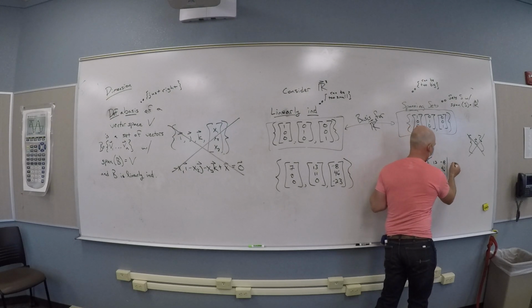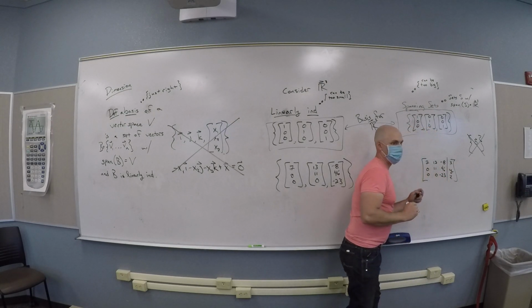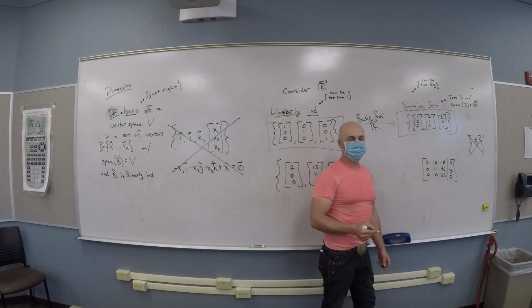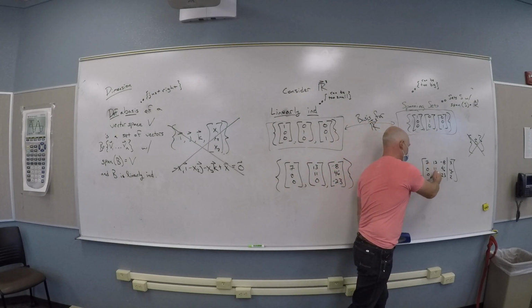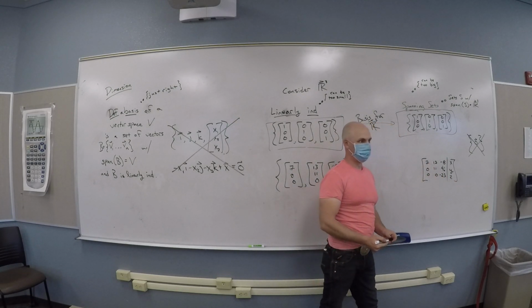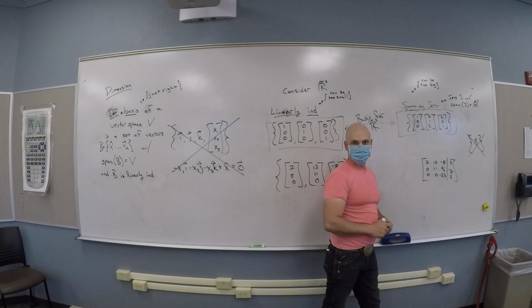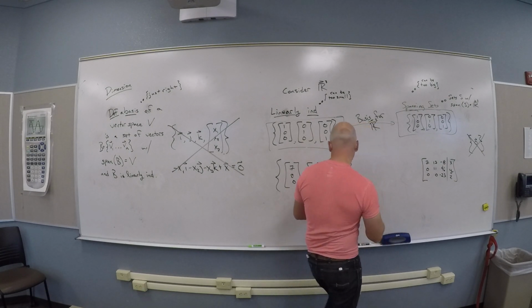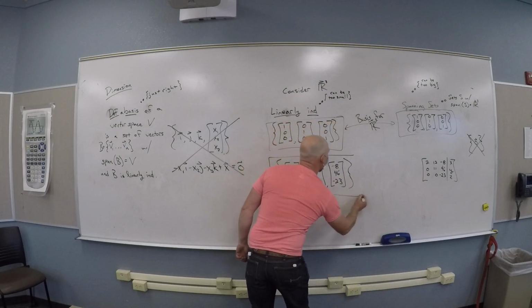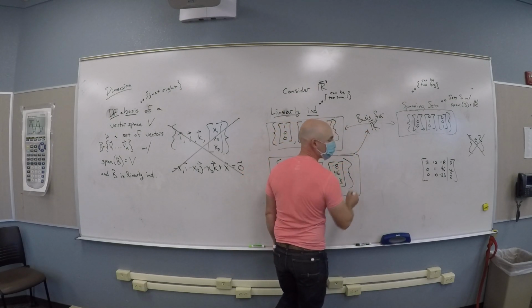I'm going to augment that by whatever, X, Y, and Z. You can do that. And I know that this is solvable because there are 1, 2, 3 non-zero pivots. Because I made this thing that way. So this is also a basis for R3.